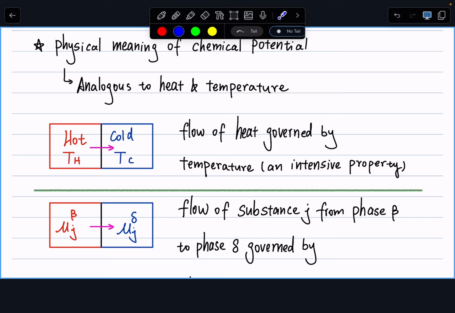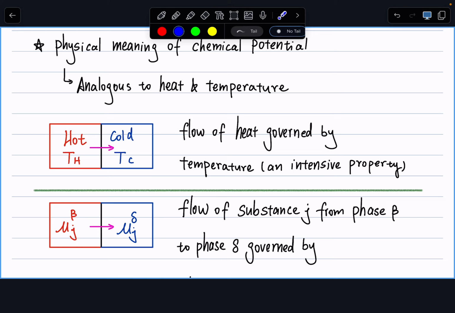Because of the temperature difference, there will be spontaneous heat transfer from the hot object to the cold object. The direction of that heat transfer is governed by an intensive property, which is temperature. Temperature is an intensive property that governs the direction of heat transfer from a higher temperature object to a lower temperature object.